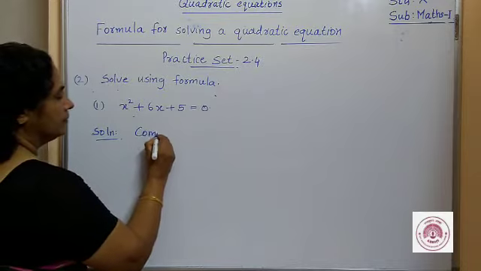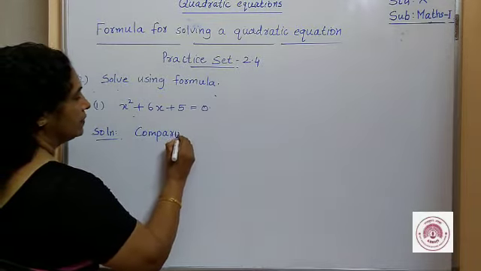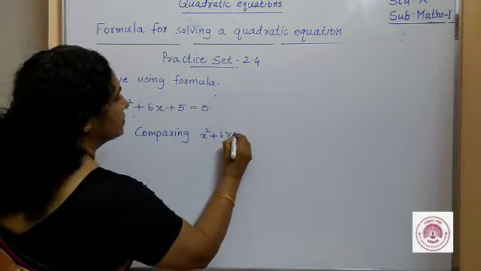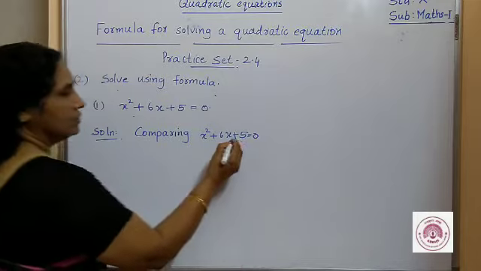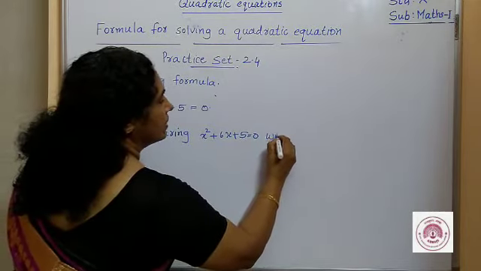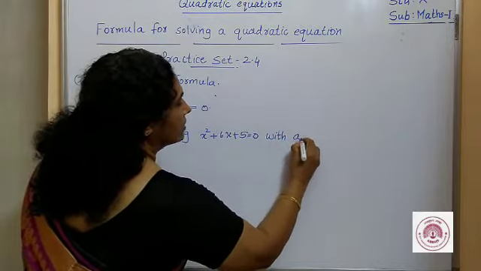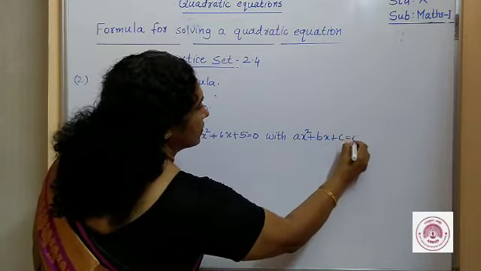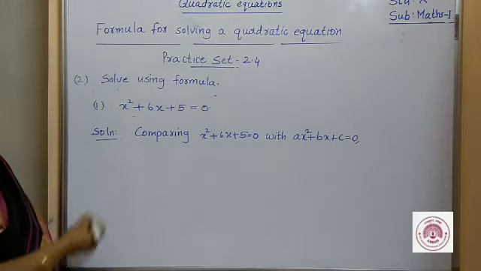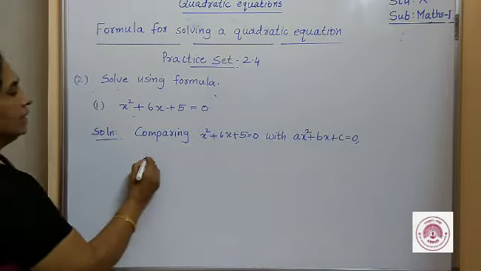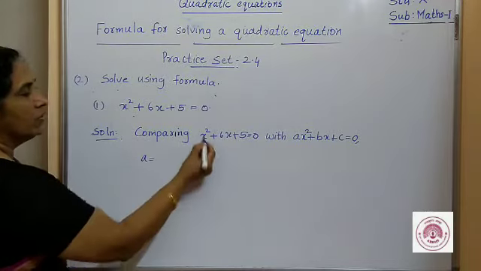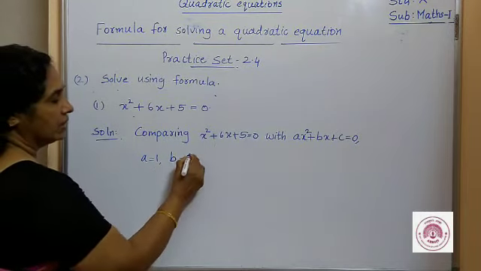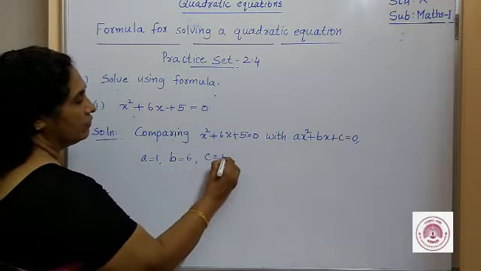Comparing x square plus 6x plus 5 is equal to 0 with the standard form, ax square plus bx plus c is equal to 0, first we write the values of a, b and c. a is equal to 1, coefficient of x square, and b is equal to coefficient of x, that is 6, and c is equal to 5.